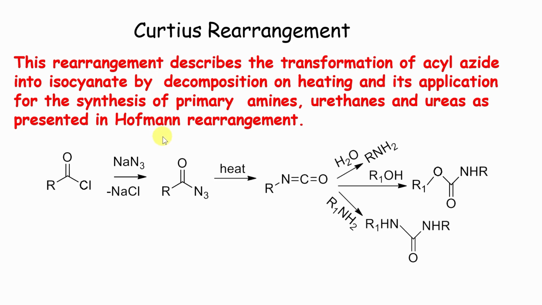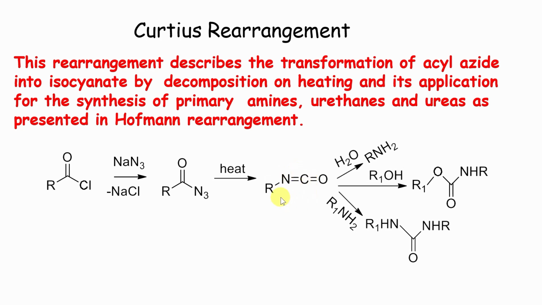See the mechanism. First of all, we have to prepare acyl azide. It is prepared from acid chloride by treating with sodium azide. We will get this acyl azide. This acyl azide on strong heating undergoes rearrangement to form the isocyanate.